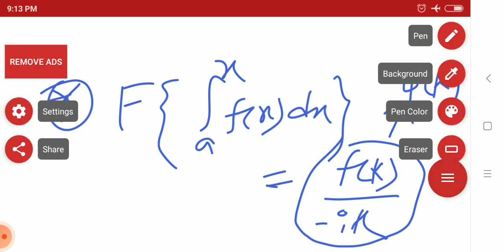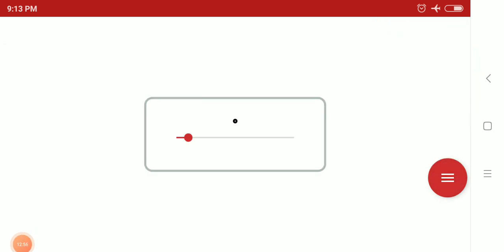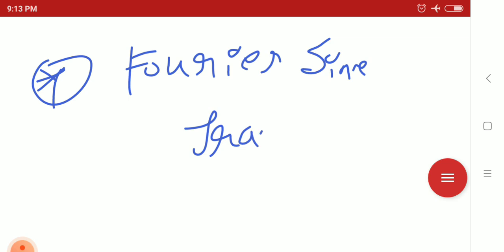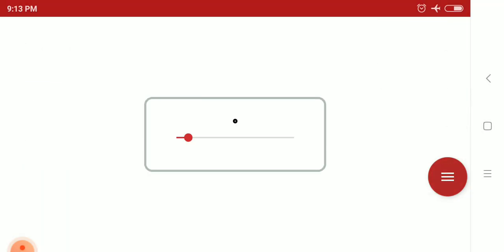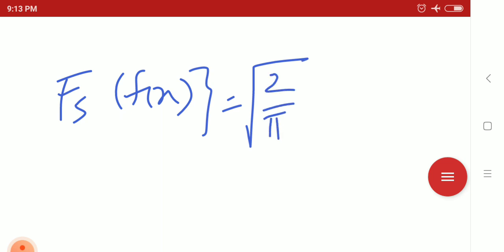Another important thing is Fourier sine transformation. What do you mean by Fourier sine transformation? The formula for Fourier sine transformation will be f_s of k equals root over 2 by pi, integration 0 to infinity, f of x sine kx dx.